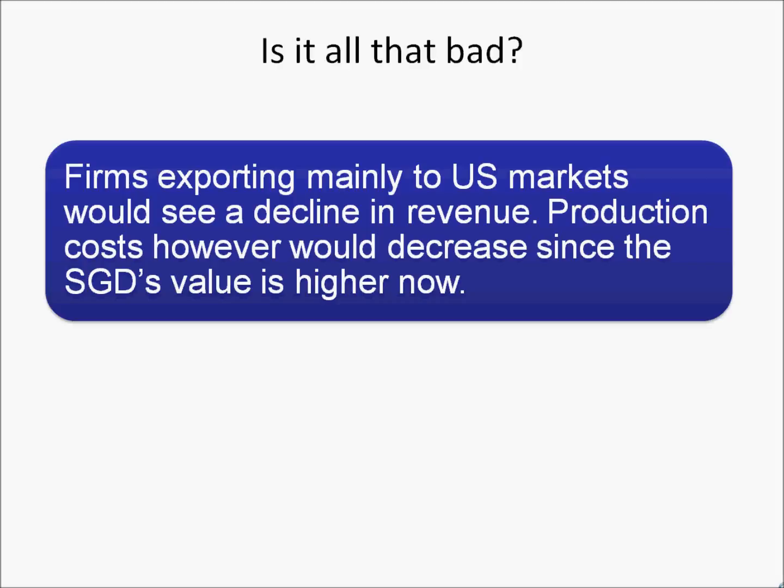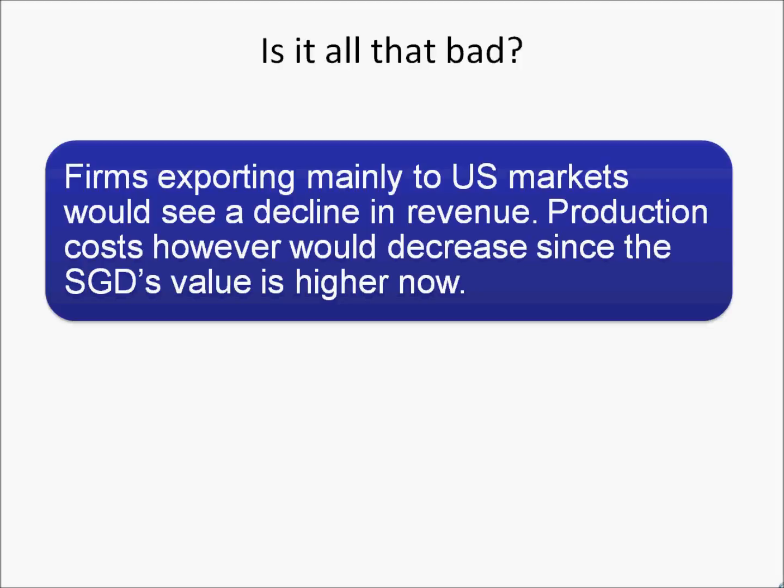However, the total costs would decrease only if the Singapore dollar actually appreciates relative to other countries' currencies, such as the Chinese yuan, and this would depend on the degree to which the US dollar would weaken against that of the yuan, so that the Singapore dollar can appreciate against the yuan.